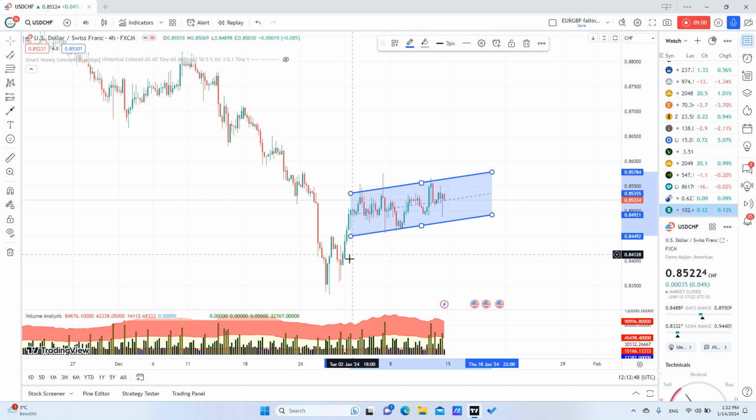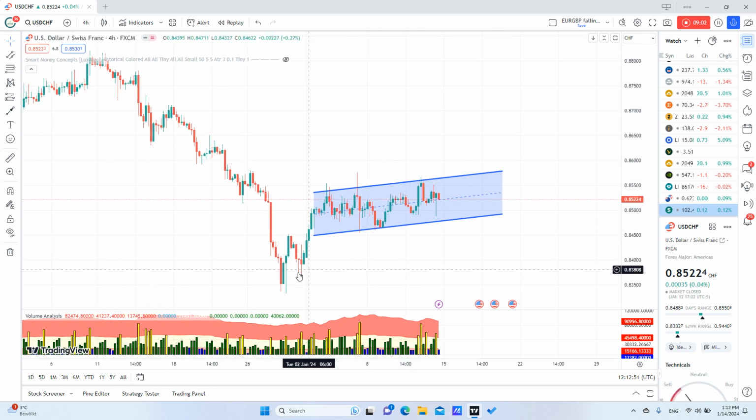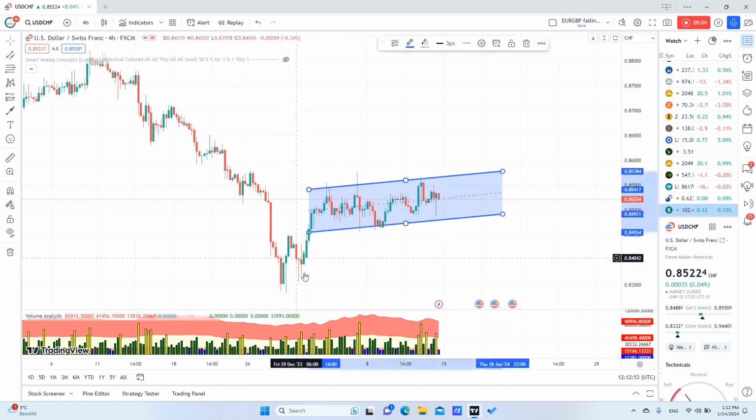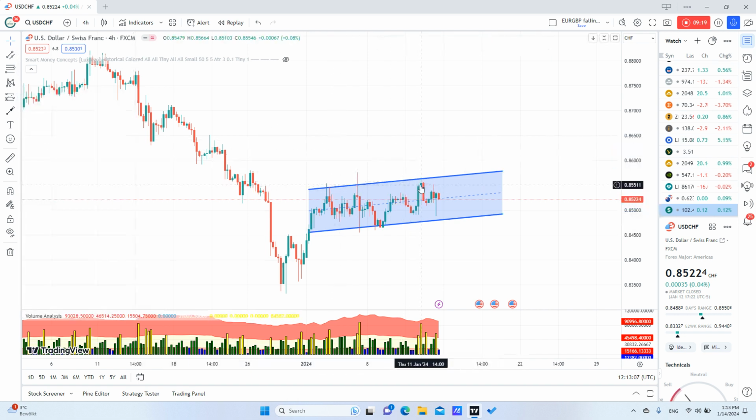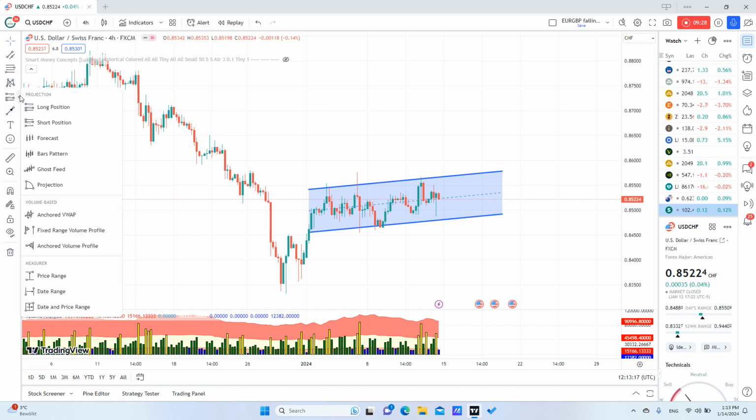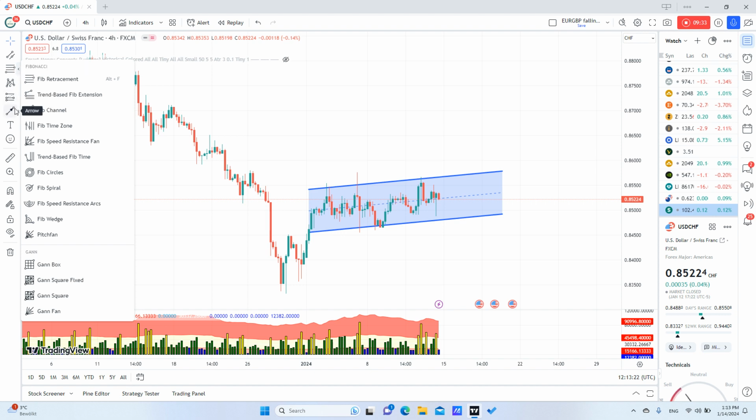I think this is wave 2, 1, 2, 3, or maybe it's 4. So it's a correction. I see it as a correction, to be honest, and I think it's going up from here. And at the same time, I'm also seeing some retracement, but I won't trade it. I'm just saying that it may go down to this area, but I won't trade it.